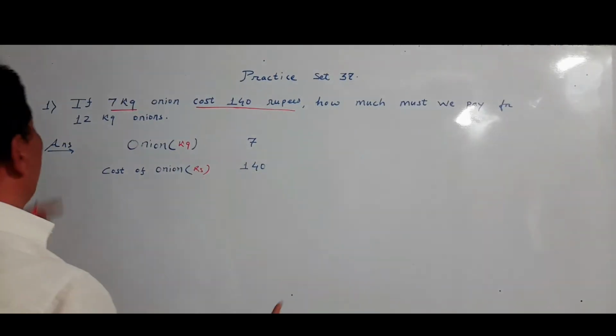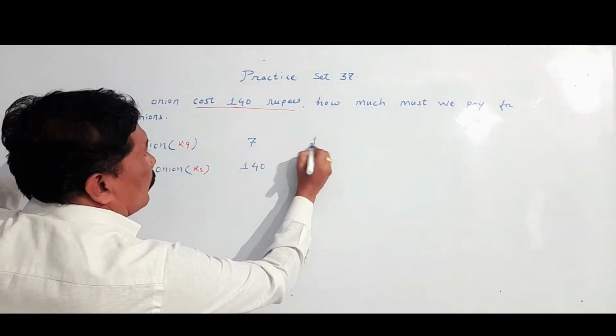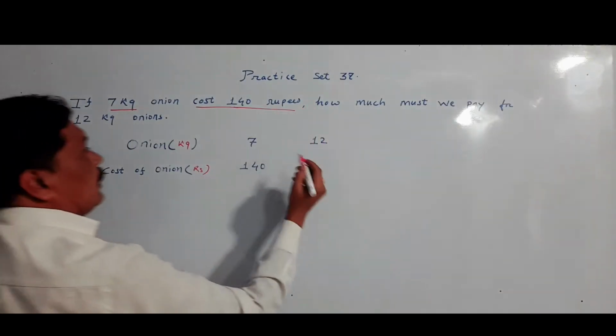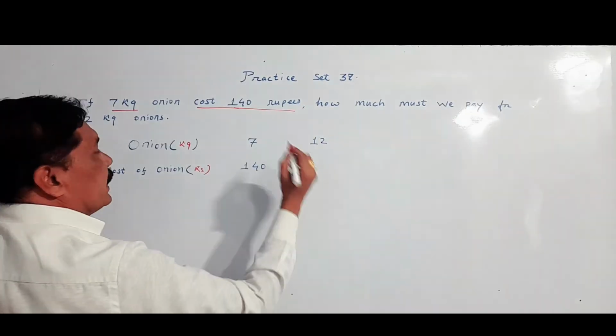How much we have to pay for 12 kg? We have to find out, and let the cost of 12 kg onion be X.